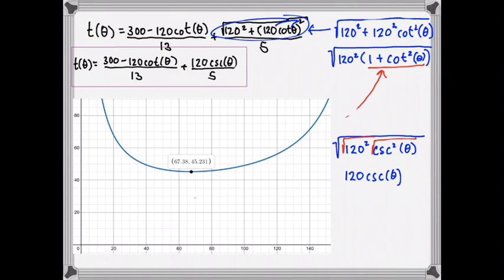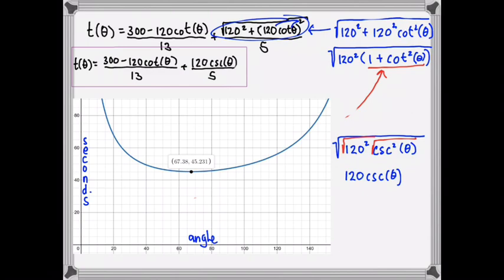This is what the graph looks like of the purple boxed equation above. The output is going to be time, so this is the seconds, and this is the angle at which the lifeguard is going to dive in.